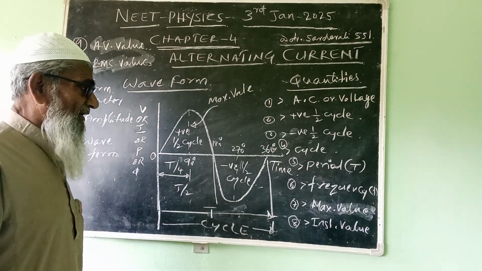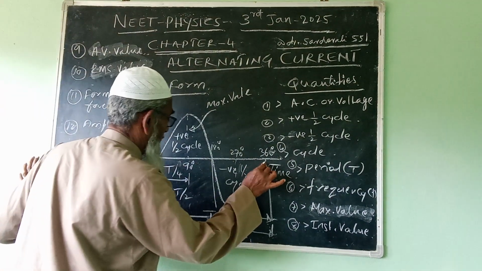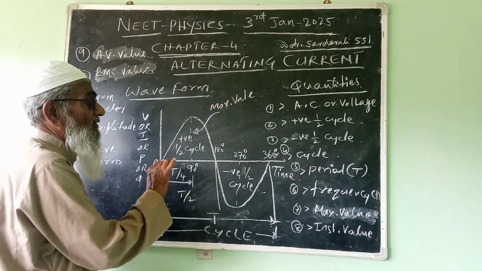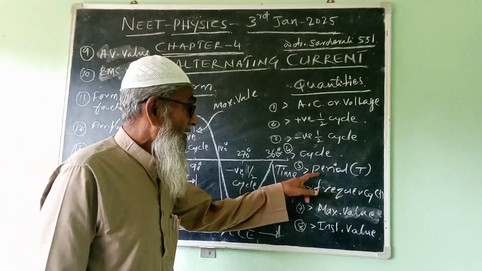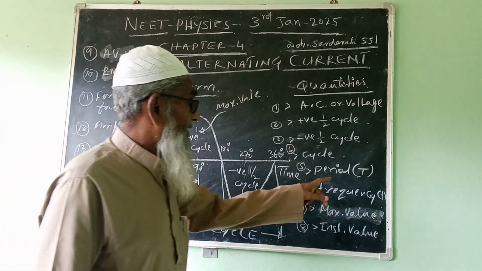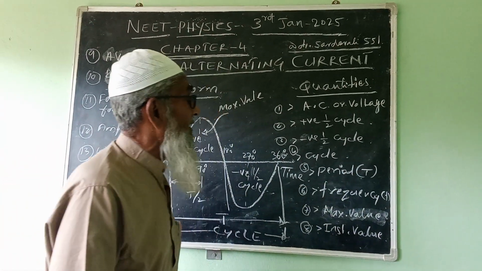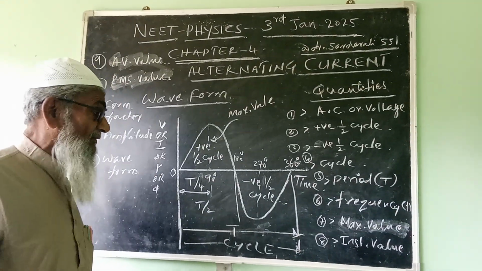Then what about the period or time period? The time taken to complete one set of variation of positive as well as negative cycle will be called period or time period or periodic time. It is denoted by the capital letter T, which is always the reciprocal of the frequency.